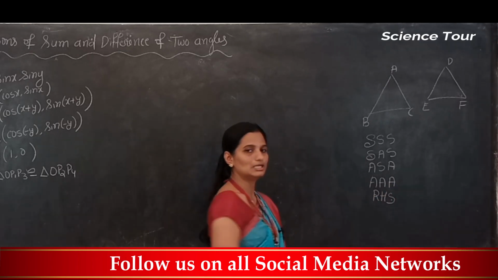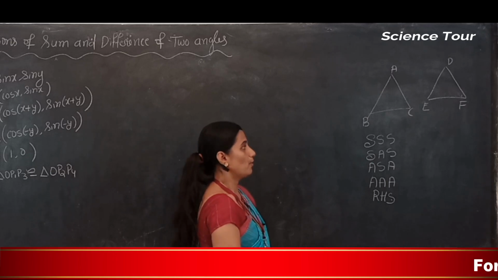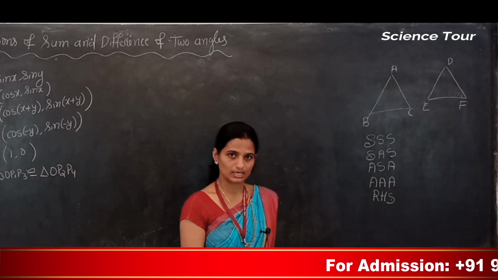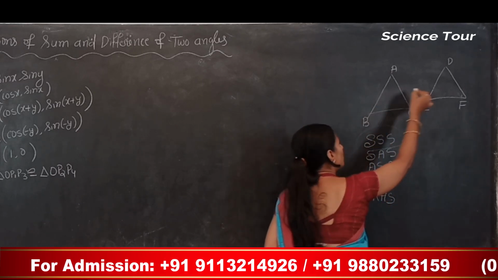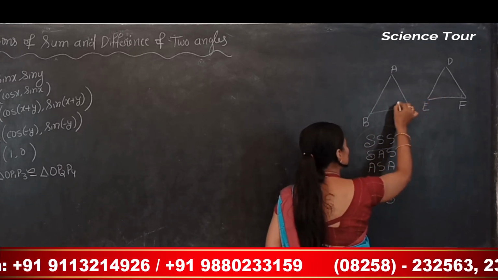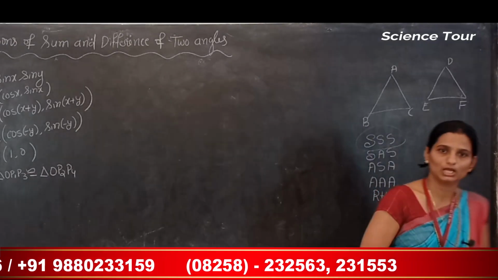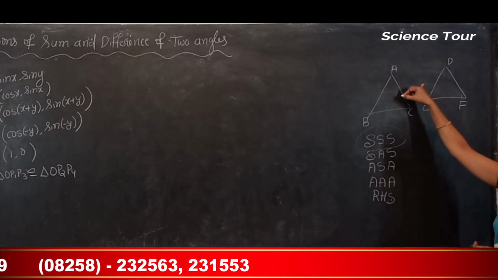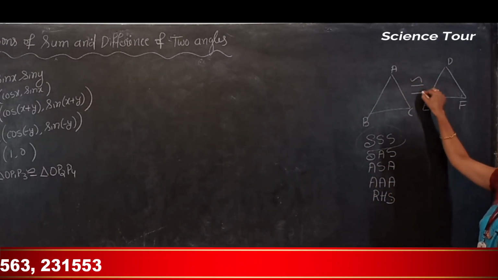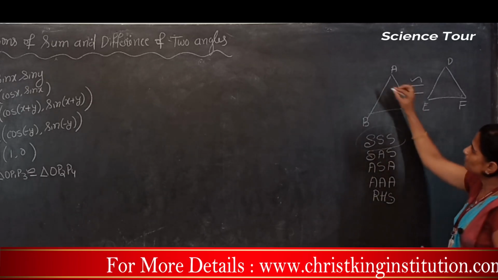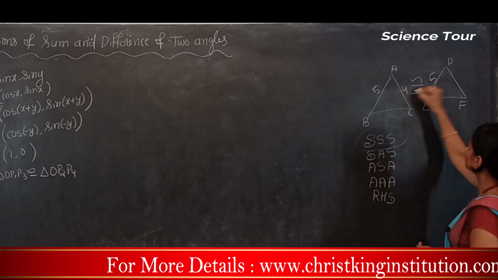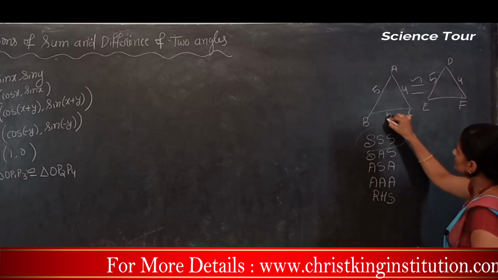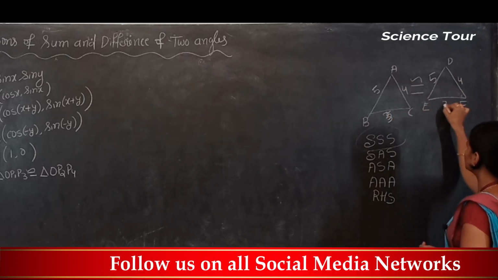These 4 or 5 postulates are for congruency, right? What do you mean by this? If the corresponding sides of these two triangles are equal, then those two triangles are called congruent triangles, right? Suppose it is 5 centimeter, this is 4, then this is 4, and this is 5, and this is 3, and this is 3.